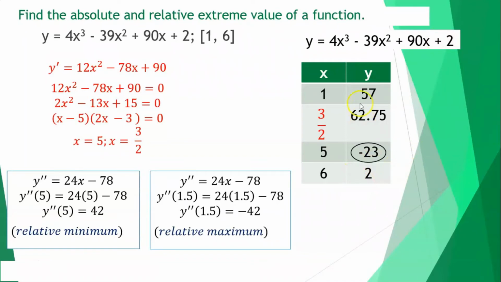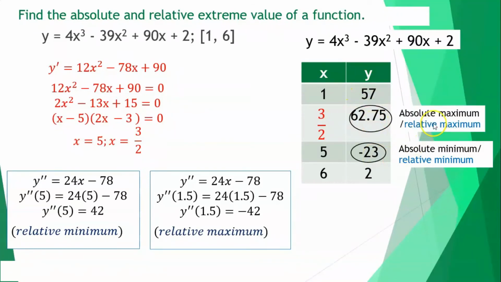Now take note here, negative 23 is the lowest value for y. So at (5, -23), it's where the absolute minimum is. It's the lowest point. And take note, 5 here is also where the relative minimum is. Okay, next. Then 62.75 is the biggest value for y.